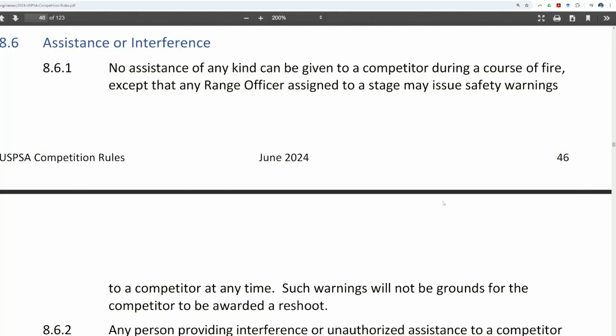Please email your area director. Tell them 10.5.16 needs to be updated and that the NROI needs to be fixed on this issue. The fact that they have these secret interpretations that only the RMs and major match staff are aware of is utter bullshit, to excuse the French, but it is.